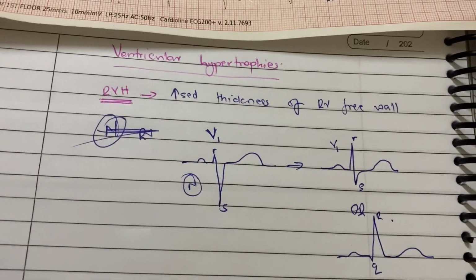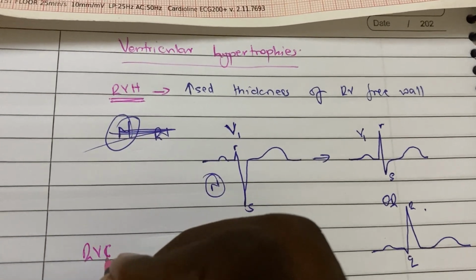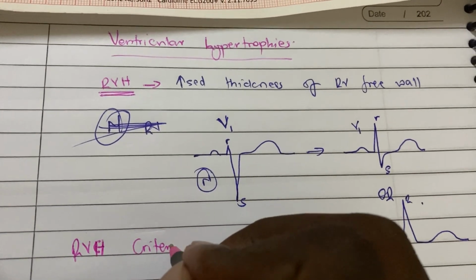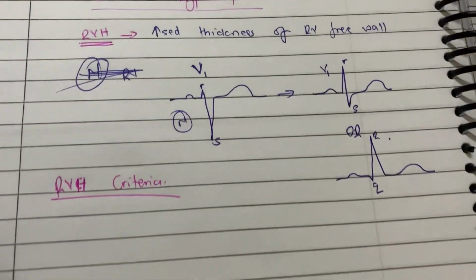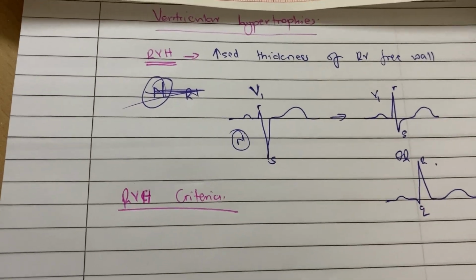So RVH criteria. Which criteria do we use to diagnose RVH?